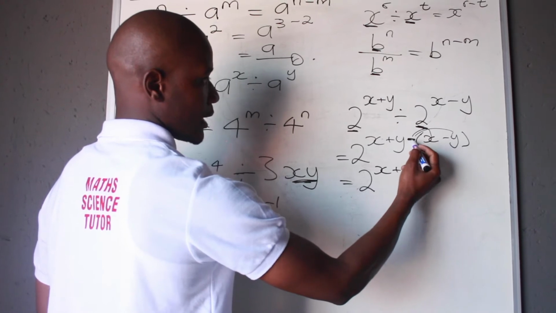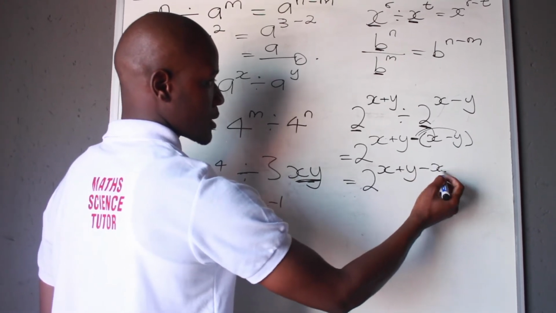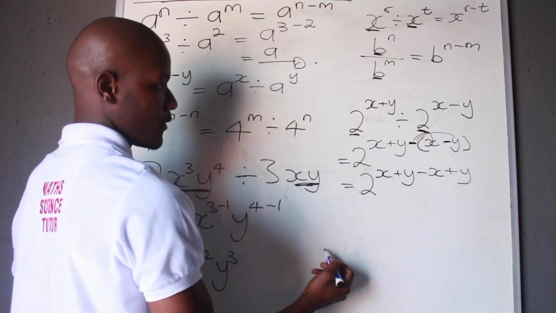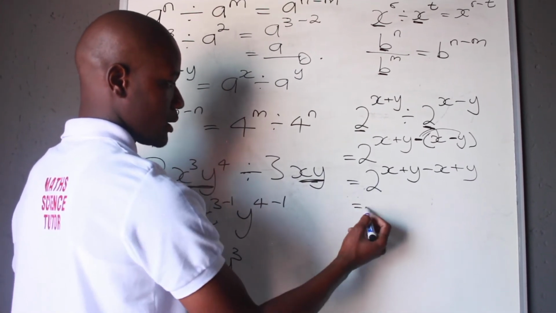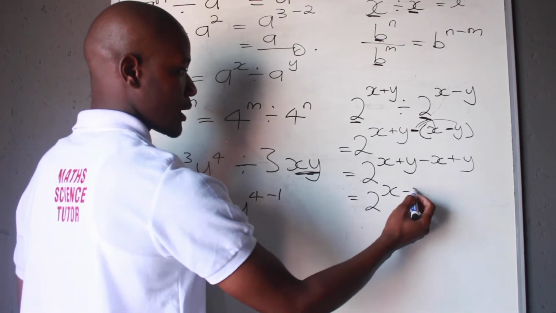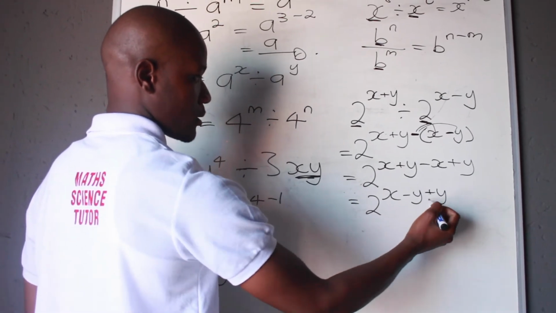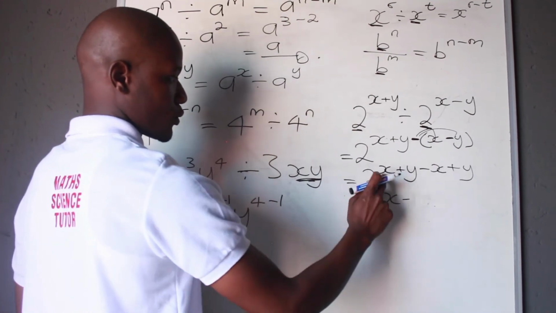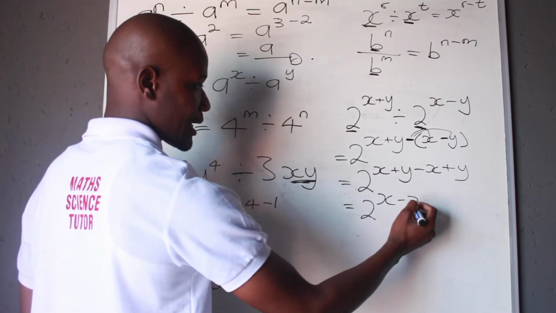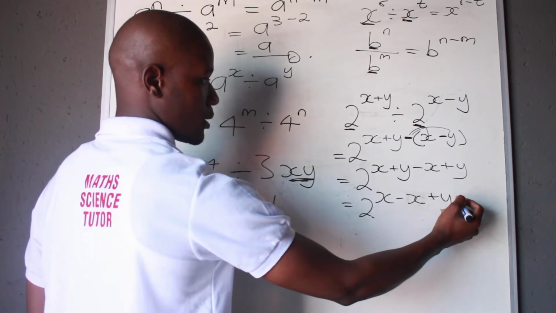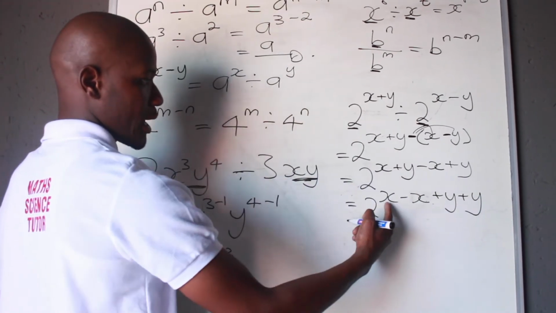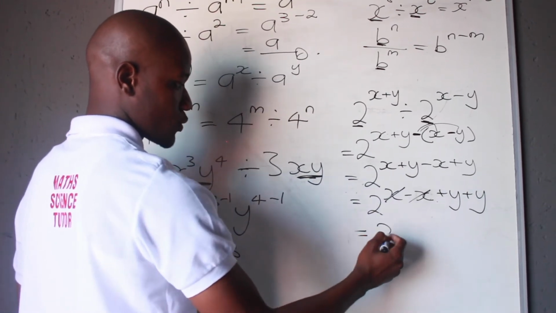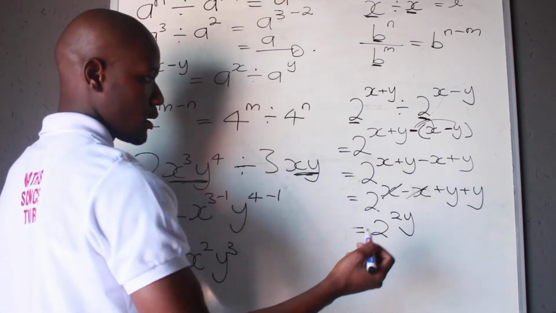So negative times positive x is negative x, negative times negative y is positive y. Therefore, we group the like terms: 2 to the power x minus x plus y plus y. So x will cancel with x, y plus y is 2y. So it's 2 to the power 2y.